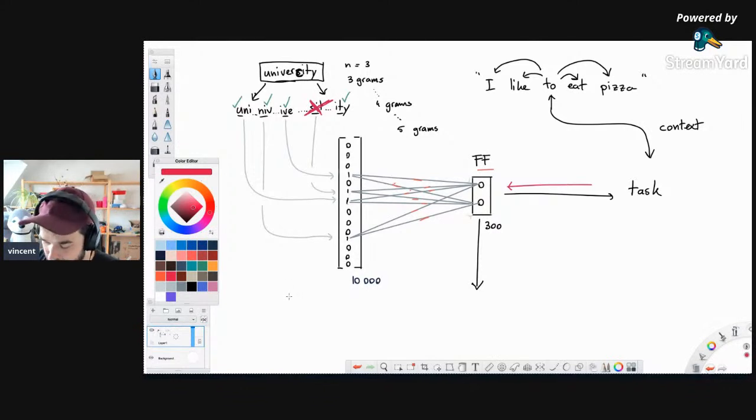And in effect, that would mean that this becomes a 0, which in effect would mean that the weights that came out of there are no longer valid. And that's a bit unfortunate. We are definitely missing some information when we do this. But notice that only a very small subset of all the n-grams of the original word are no longer in there.